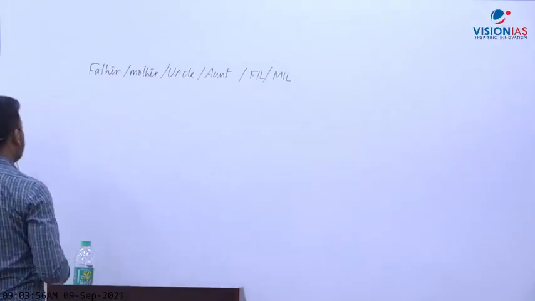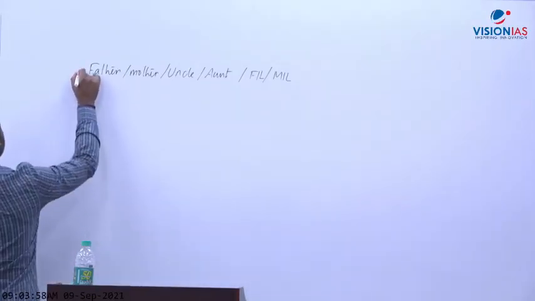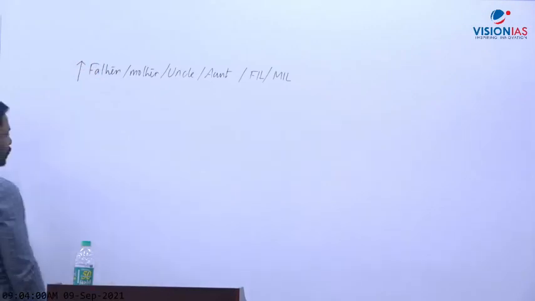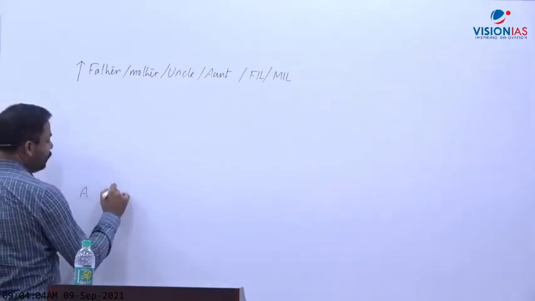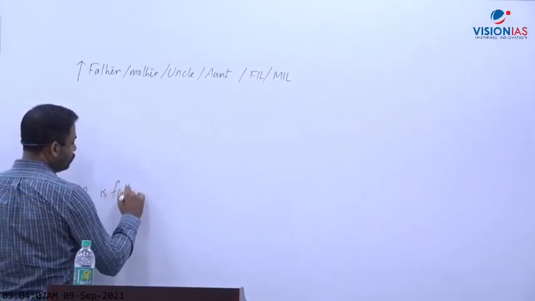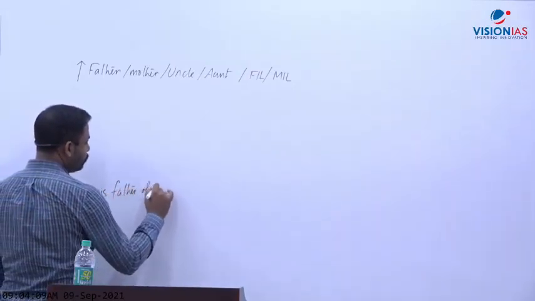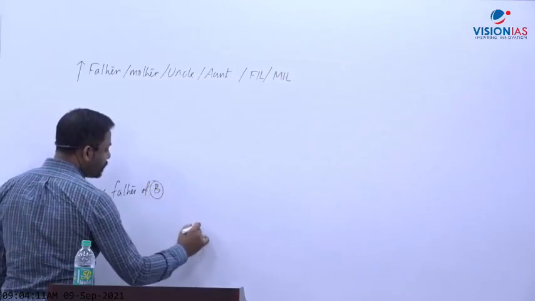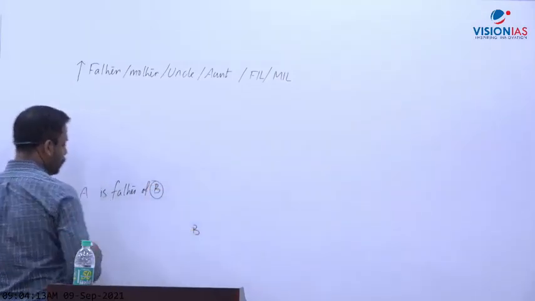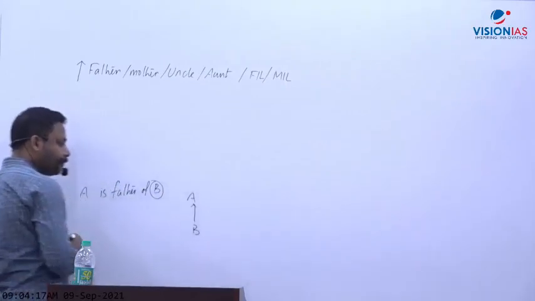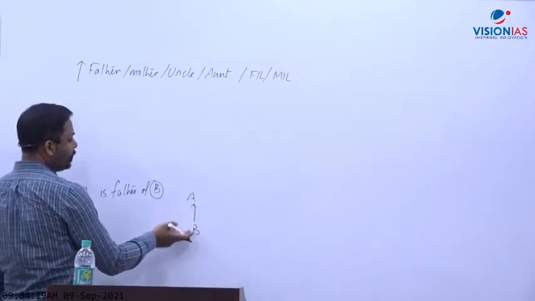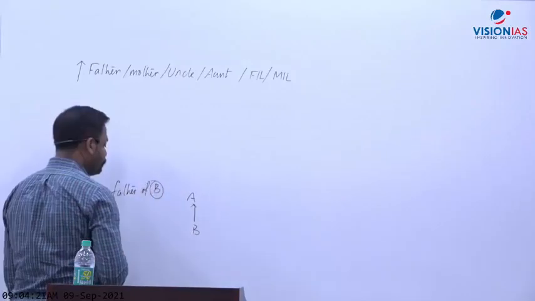So for going one generation senior, we will move upwards. Like, when it is written that A is father of B, we will place B first, and above B, one generation above, we will place A.